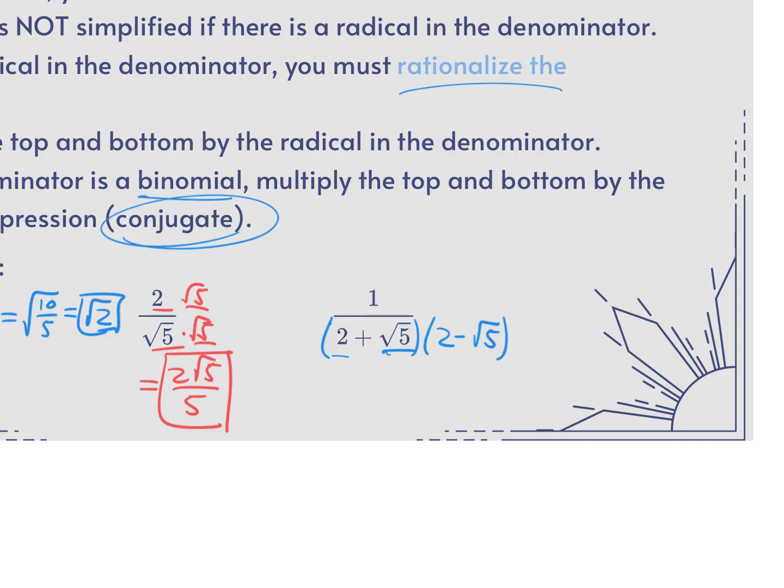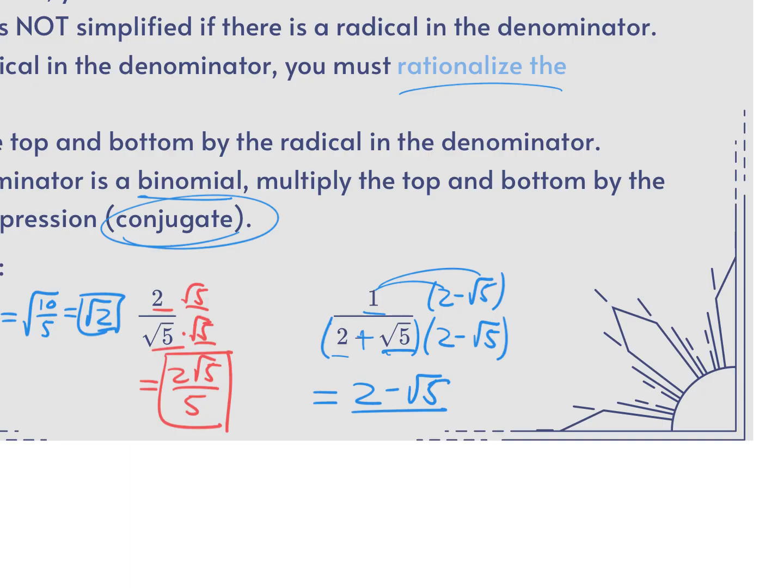All right, similarly, if it was a minus, then you would multiply it by a plus, right? But here it's a plus already, so I'm going to multiply the top and the bottom by 2 minus square root of 5. And then the top, you can just multiply the top however you can. 1 times 2 minus square root of 5, you can just distribute that, and that's just going to end up with 2 minus square root of 5.